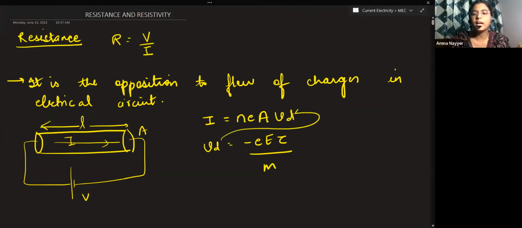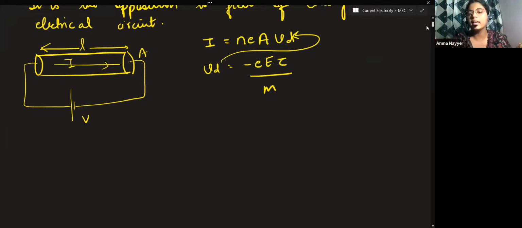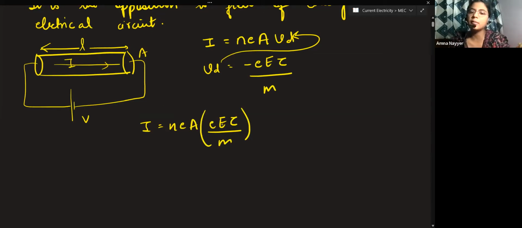If I put the value of Vd, I'll get I is equal to NEA, and instead of Vd, I'm putting eEτ divided by m. Now, as you see, e is getting multiplied two times, so I can write it as N e squared A Eτ by m.